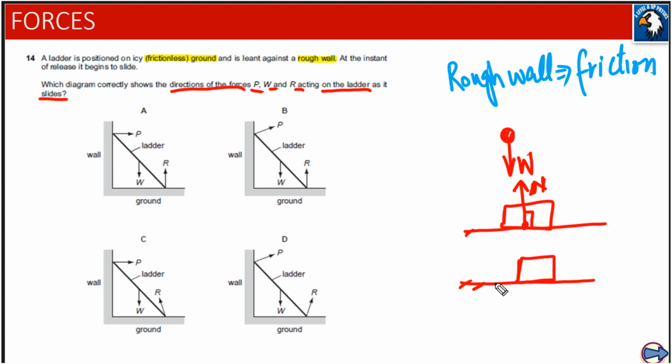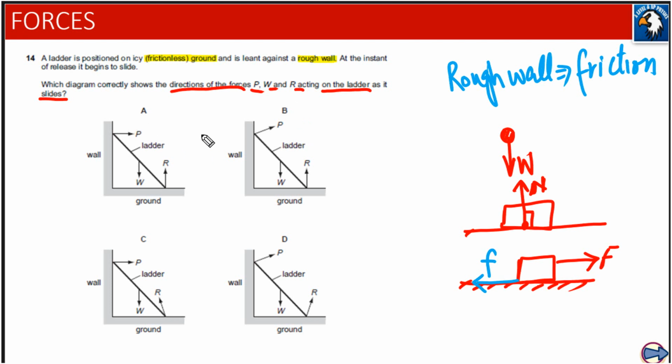Let's say we have this block placed on the ground and the ground is rough. If we apply a force F on this block to the right, there will be a frictional force acting on the block to the left. So friction always opposes the motion.